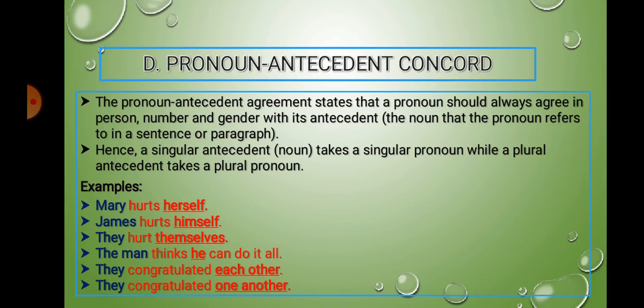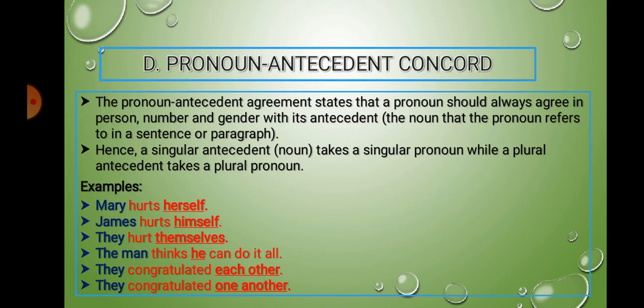Or we can say person, whether male or female, and number, singular or plural, and gender, male or female too, with its antecedents. The noun that the pronoun refers to in a sentence or paragraph is called an antecedent. Hence, a singular antecedent noun takes a singular pronoun, while a plural antecedent takes a plural pronoun.